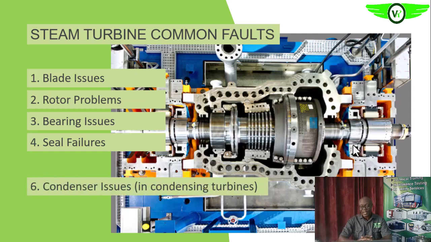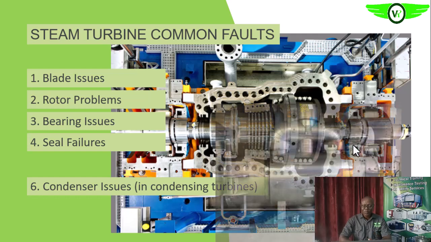Then for condensing turbines, the condensers, being a heat exchanger as we said earlier, all the problems associated with heat exchangers could also be experienced by the condensers. So once we have problems with the condensers, it means that the efficiency, because the rate of condensation will be affected, and then the vacuum level at the condenser, or rather at the exhaust section of your steam turbine, will be affected, and that will eventually affect the efficiency of your steam turbine.